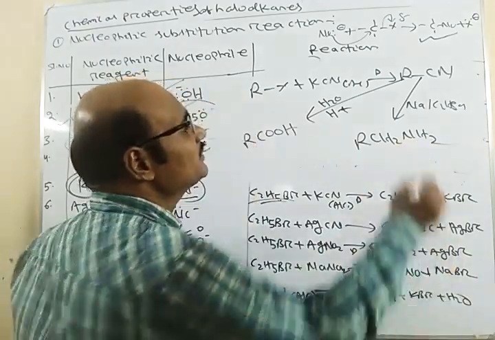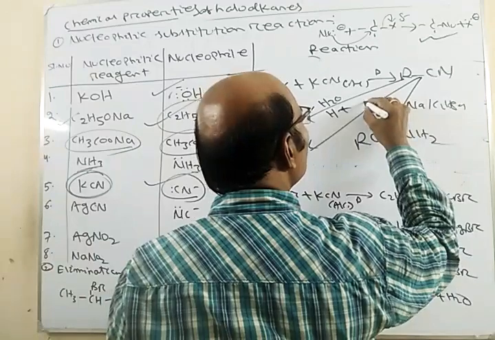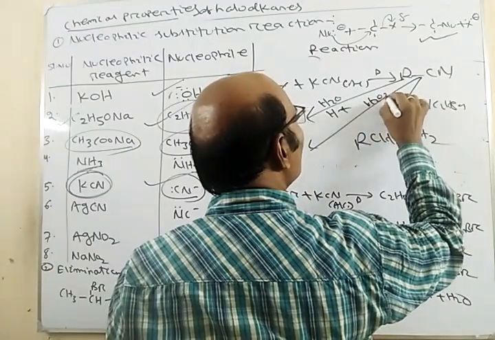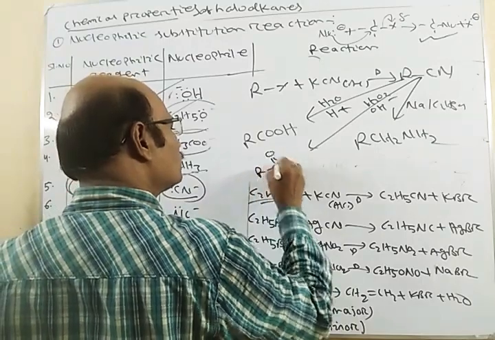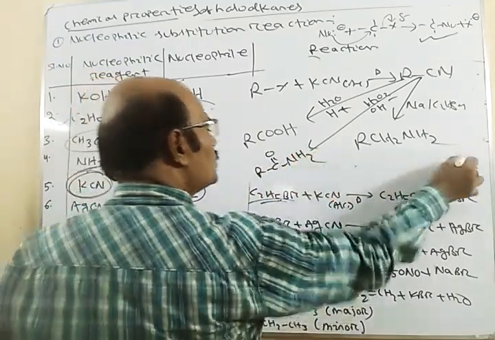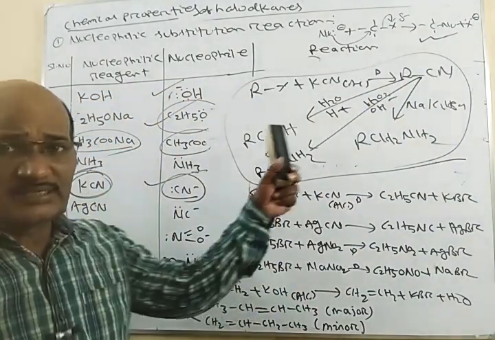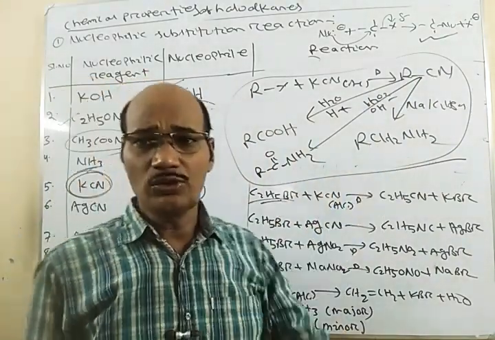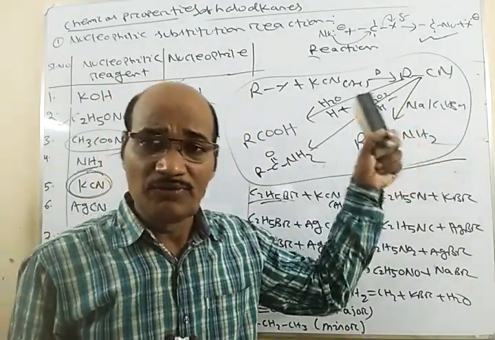Now if I go for alkaline hydrolysis with H2O2 and OH minus, I can get RCONH2. So this cyanide can be converted to an acid, an amide, or an amine. These reactions will be very useful for conversion reactions.